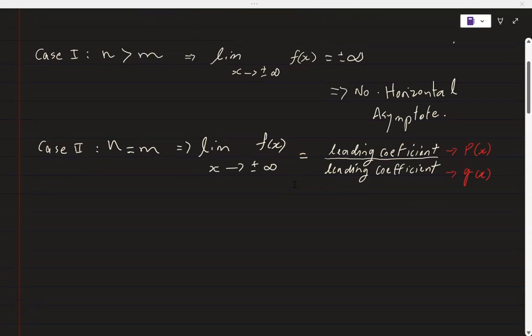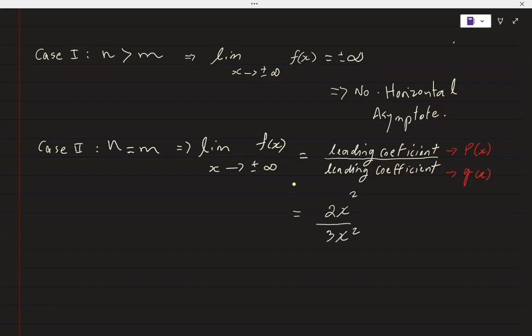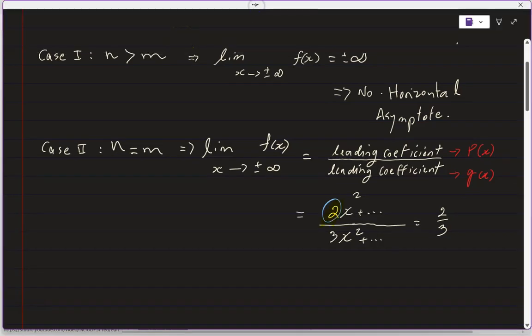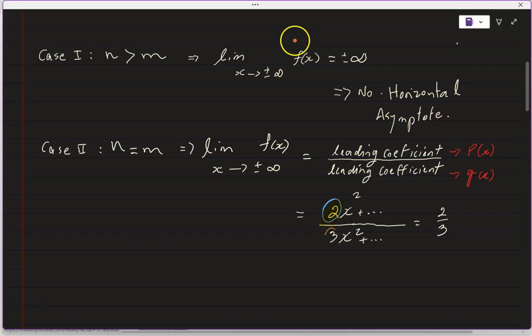So if the two leading terms are, let's say, 2x squared over 3x squared, and I'm just making this up right now, plus other terms, when you take the limit as x approaches plus or minus infinity, you will end up getting 2/3, because the leading coefficient for the top is 2 and for the bottom is 3.